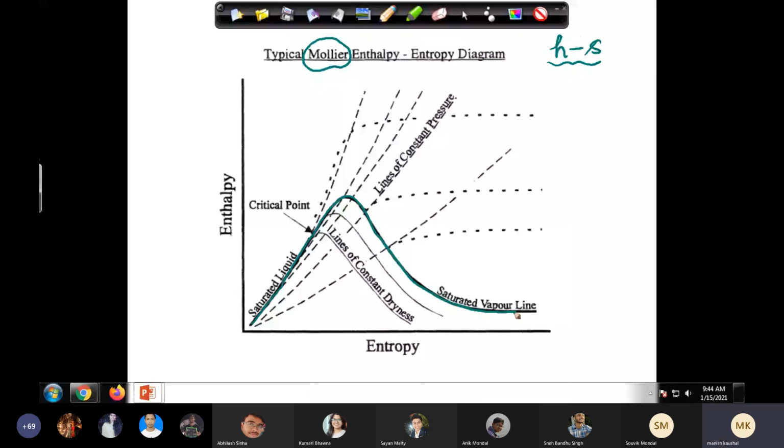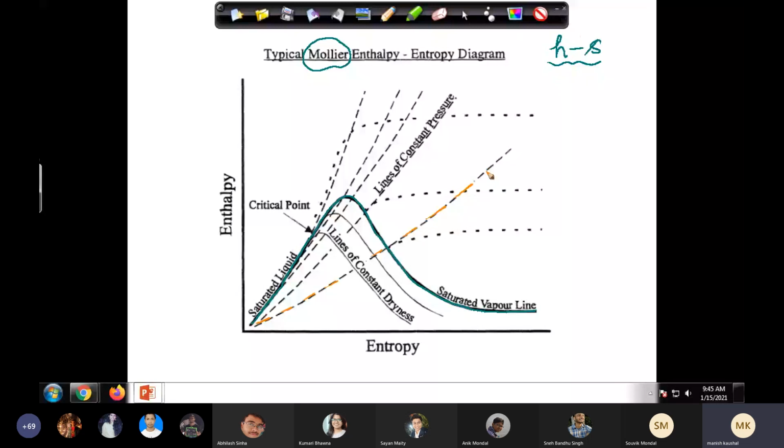Okay. The dashed lines, I don't know whether I should say broken line or dashed line. Let me mark it with different colors, otherwise it will be confusing. It's orange lines, let's say. These are constant pressure lines, as it is written here.